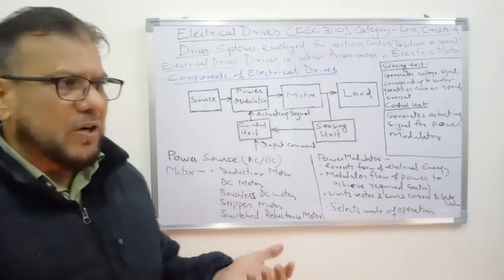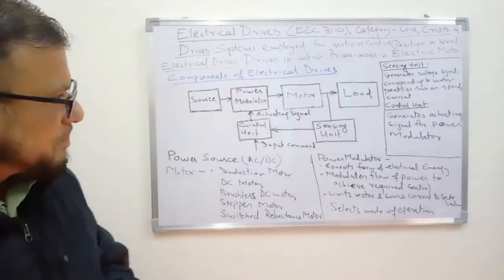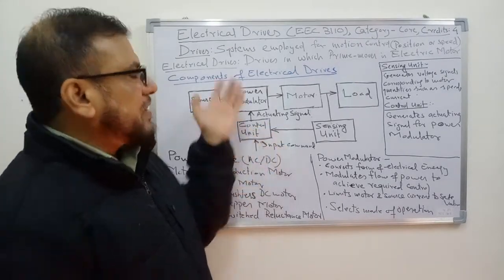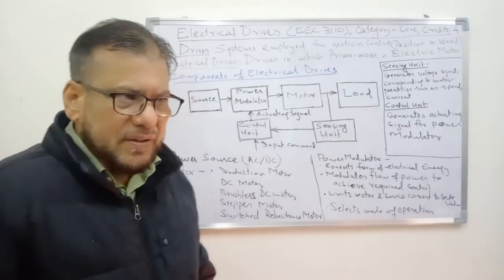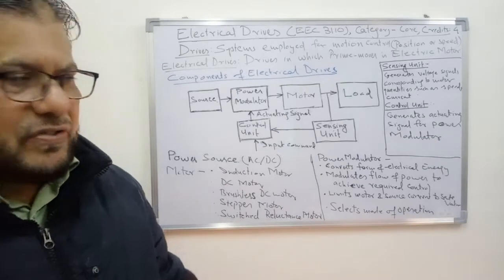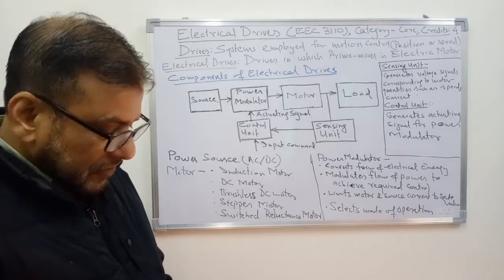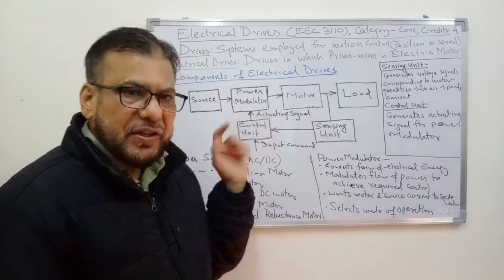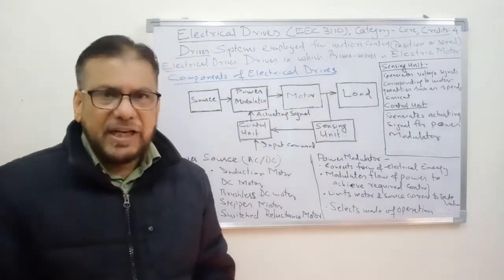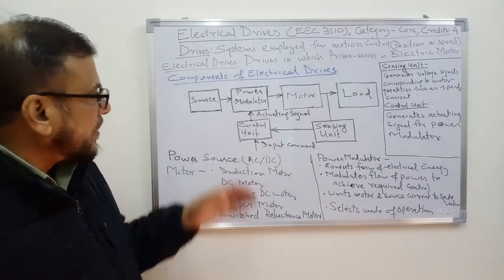So we shall have a review of the DC motor, shunt motor, compound motor, series motor, etc. And then we shall discuss the various methods of speed control, that is the voltage control or field control, what are various ways in which you can control the speed of various motors. Then we shall also discuss the electrical braking of DC motor.